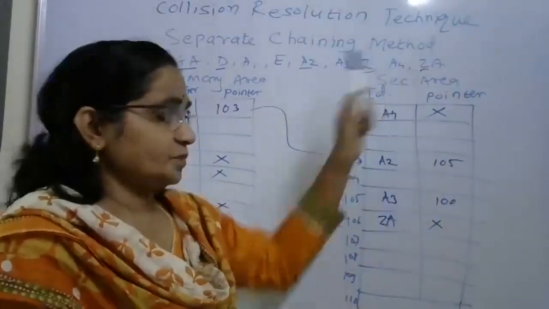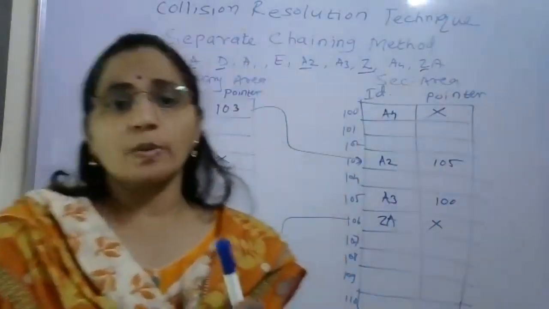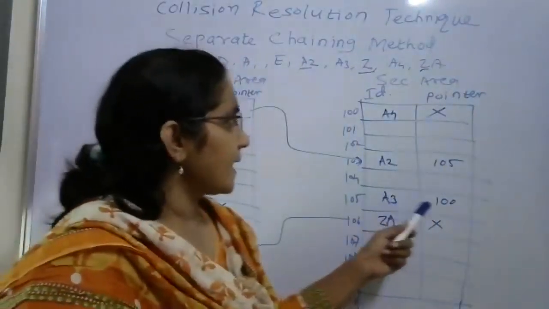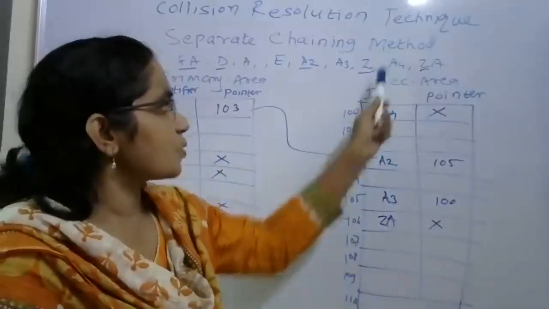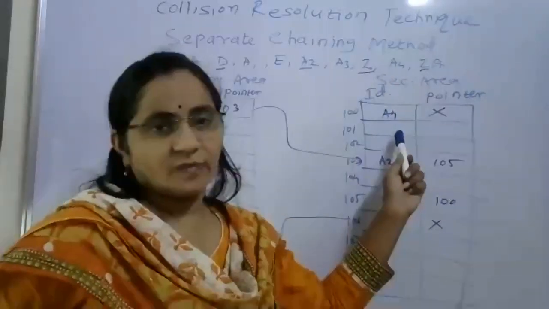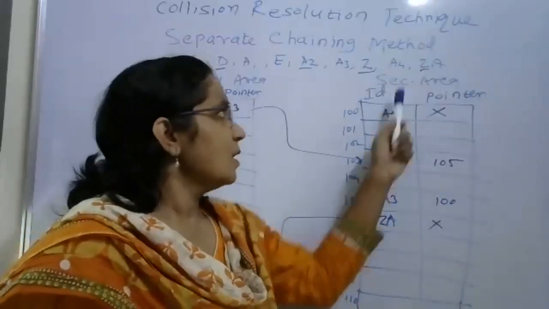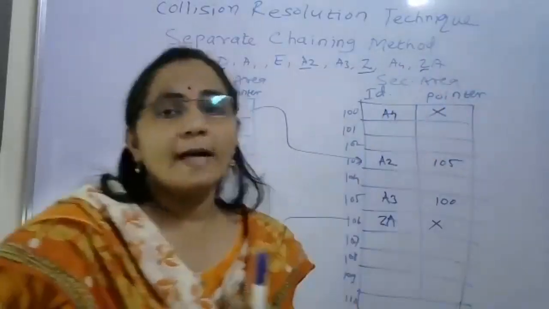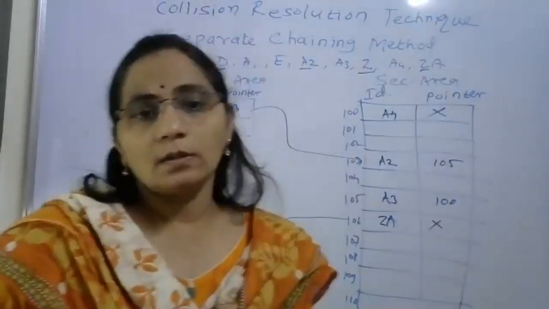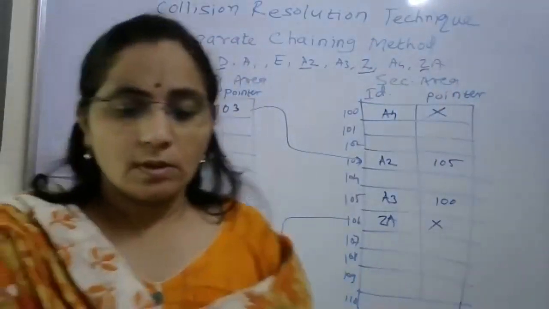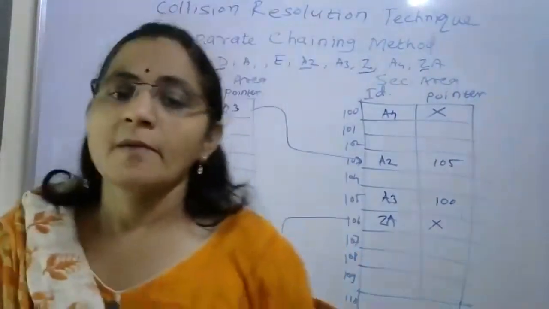Again there is one identifier that starts with A4. So here I take one random value, 100. The meaning is that at the 100 location the next colliding record A4 is stored, and there is no other identifier that starts with A, and therefore I keep here the null value. So this is about the separate chaining method.